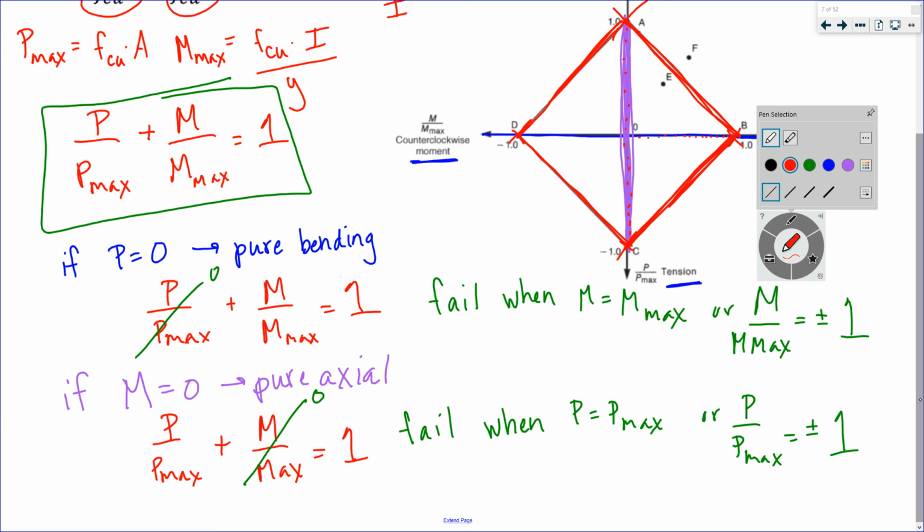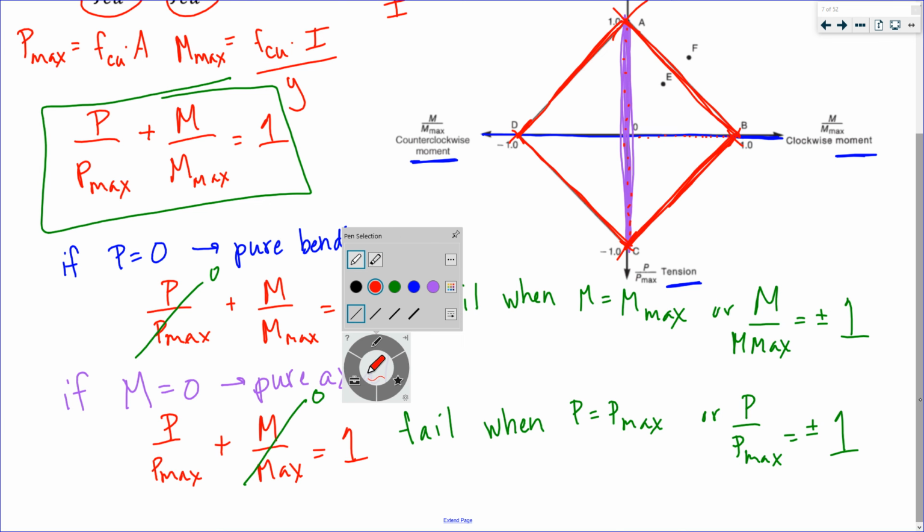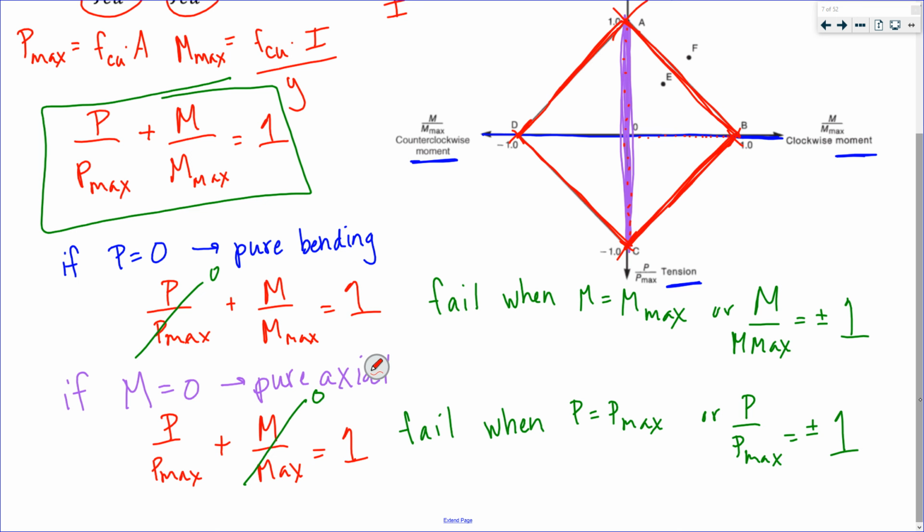You can apply any combination of moment and axial load, like here, and as long as it's within this rhombus, my 5-year-old is learning shapes, that she would call that a rhombus.